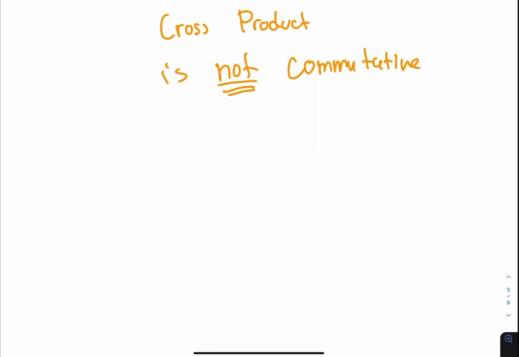Now, let's say you're doing the opposite cross product, the first instance being A cross B, and the second instance being B cross A. Well, your thumb will be pointing in the opposite direction, which means it'll be the opposite of the first cross product. So there is no way that the cross product can be commutative. However, this property does give us a nice equation that A cross B is equal to the negative of B cross A.